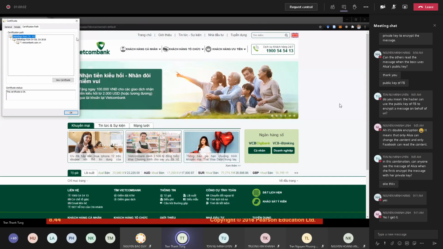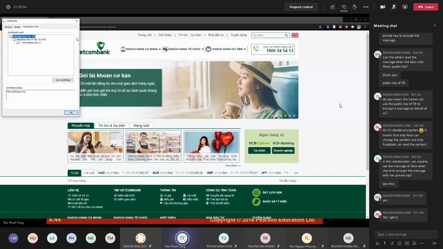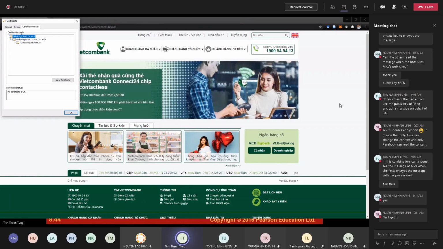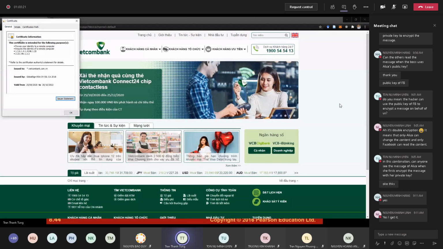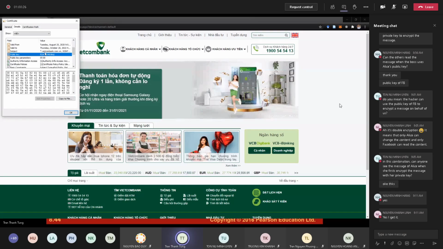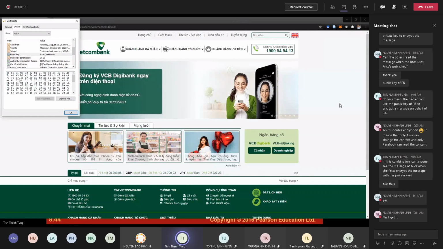So every time you want to get some public key, you get the certificate, and the browser checks whether the certificate comes from a trusted CA. If you can trust it, you can use the public key that you requested and send data to Vietcombank using the public key attached in the digital certificate. So that is the thing.